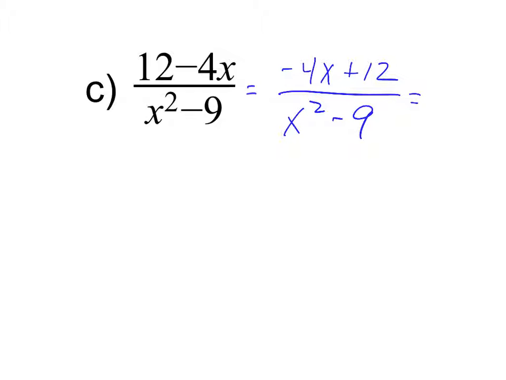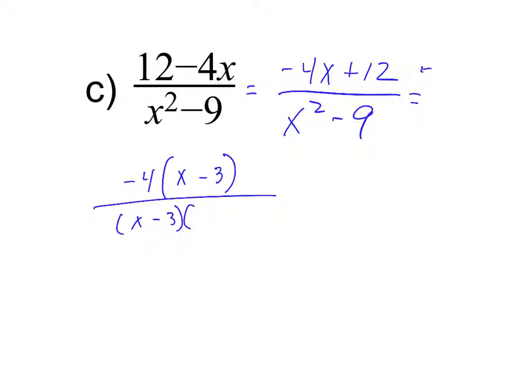Each one of those terms is divisible by negative 4, and that gives me negative 4 times x minus 3. And the denominator you should recognize as a difference of squares, so that is x minus 3 times x plus 3.